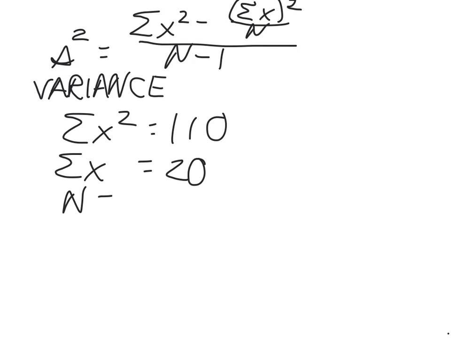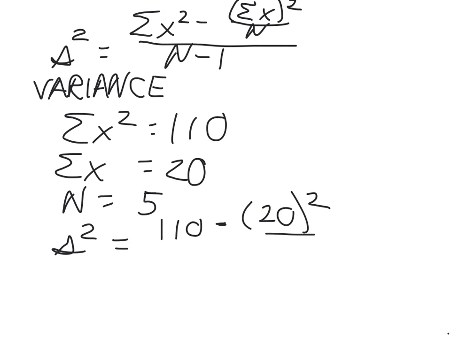The n is the number of points in the sample, which was 5. So we can start putting this all together. So we're going to have s squared is equal to 110 minus 20 squared over 5, the whole thing over 5 minus 1. Okay? Good.